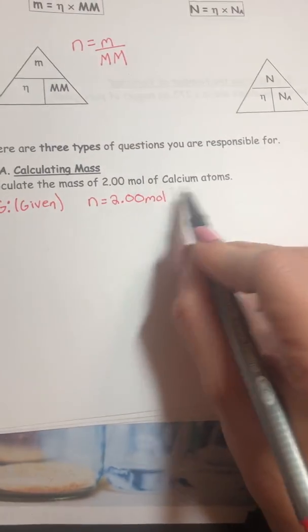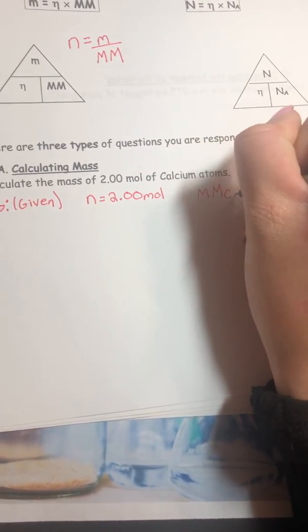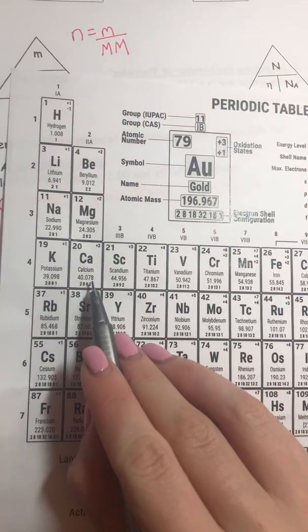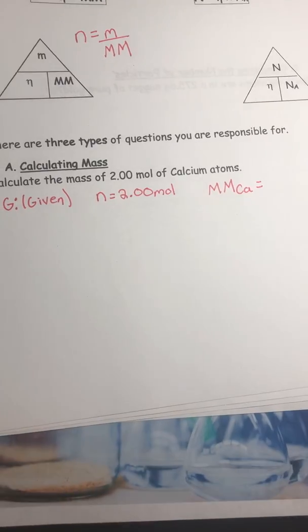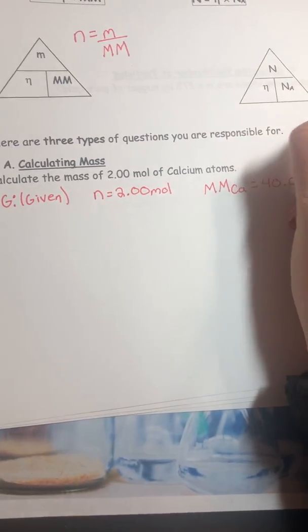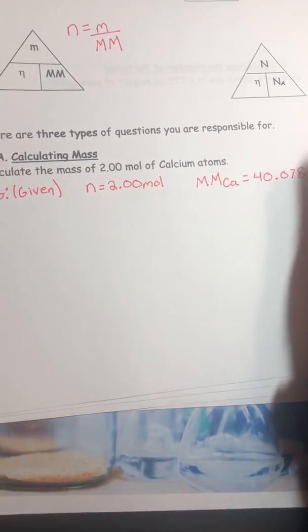And I also know that it's calcium atoms, so I can find the molar mass of Ca by looking at the periodic table. It's 40.078, and that's grams per mole.